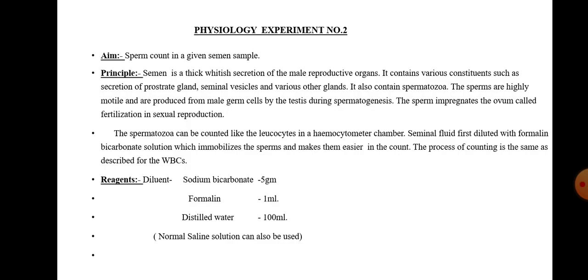So you have to write on the writing page the aim, principle, reagents, then the procedure and the calculation along with the result. The result you have to underline with a pencil. On the drawing page or the blank page, you have to write with a pencil the aim, then the reagent, and instead of the procedure you have to draw the figures which I have provided in this presentation, that is the slide showing the WBC corners or squares and the WBC pipette.